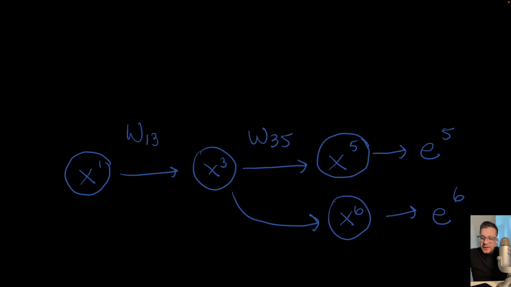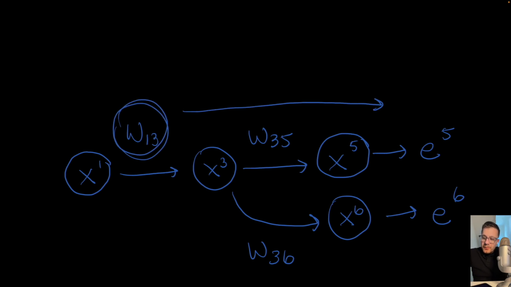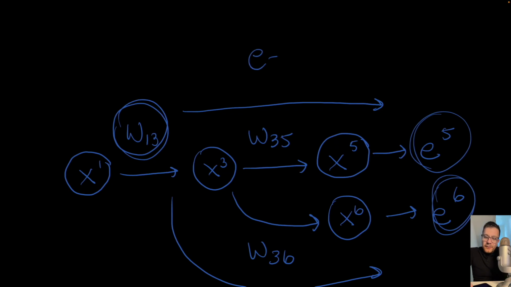Here we have synapse weight 3,5 and synapse weight 3,6. So what we can see here is that this synapse weight 1,3 has a very pronounced effect on both the component E5 as well as component E6 of the total error. And as such, one of those two terms, the E5 or E6 terms, is not necessarily going to disappear unless one of these synapse connections is removed for some reason.